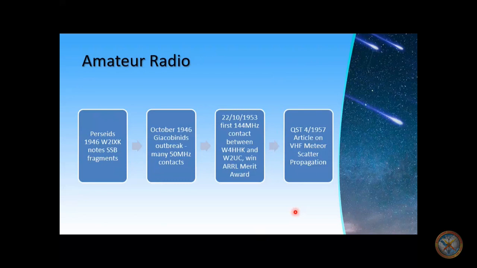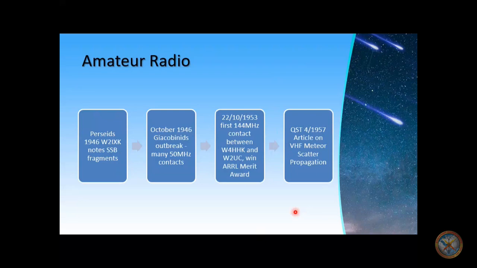Then the Giacobinids were expected in October 1946, and there were many 50 megahertz 6 meter contacts made then using sideband. Funnily enough, there wasn't much interest after that, as far as I and others could find.